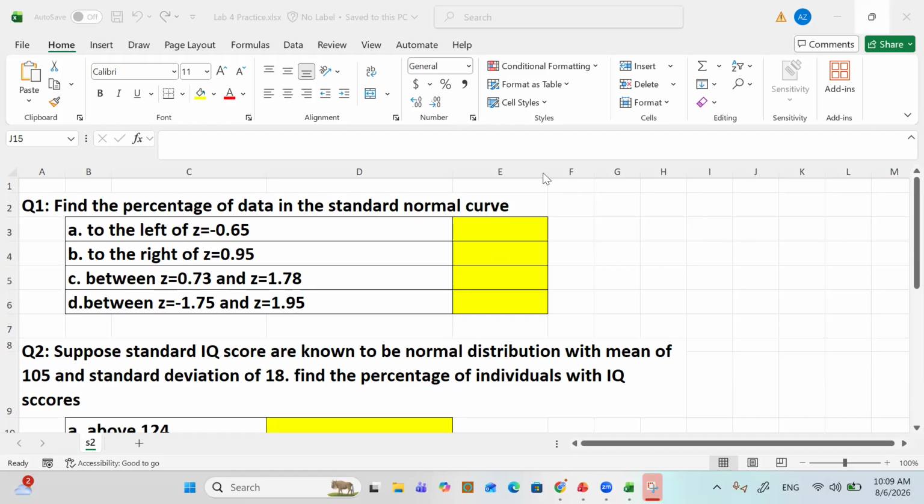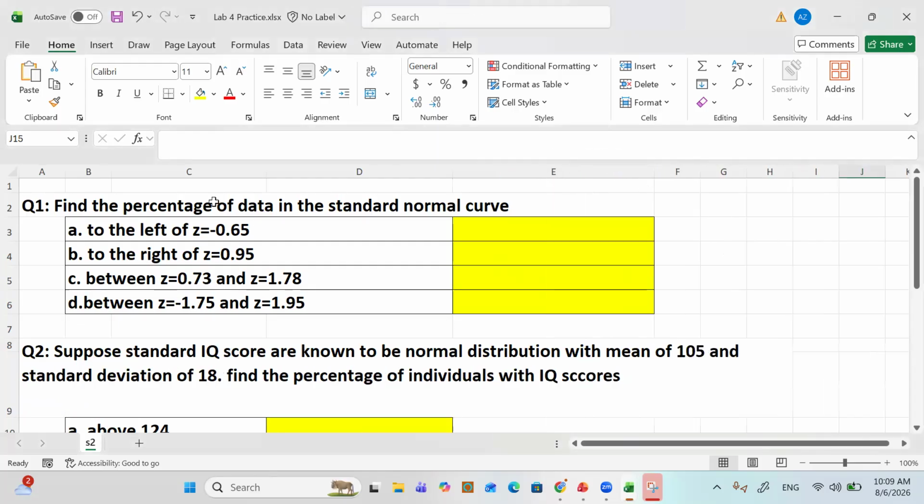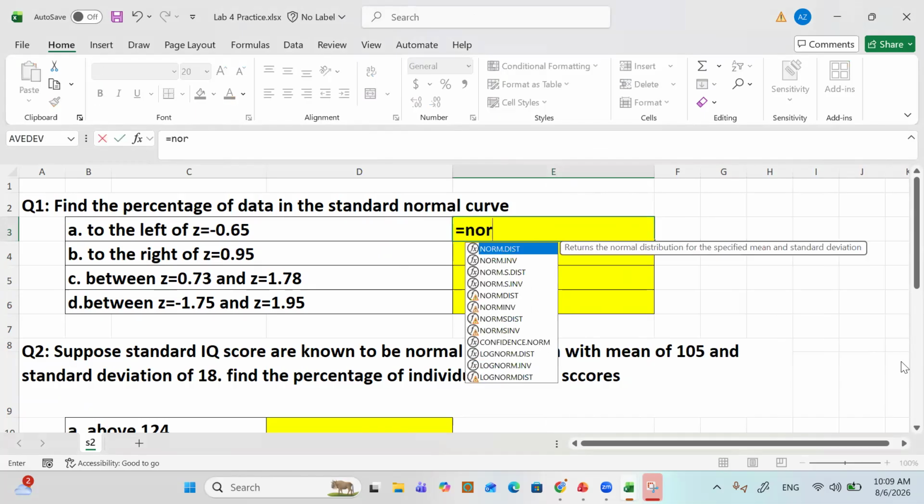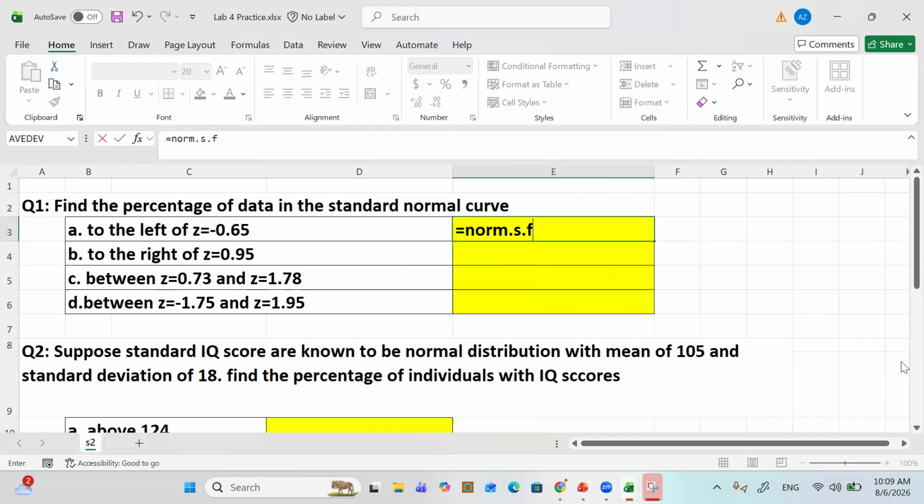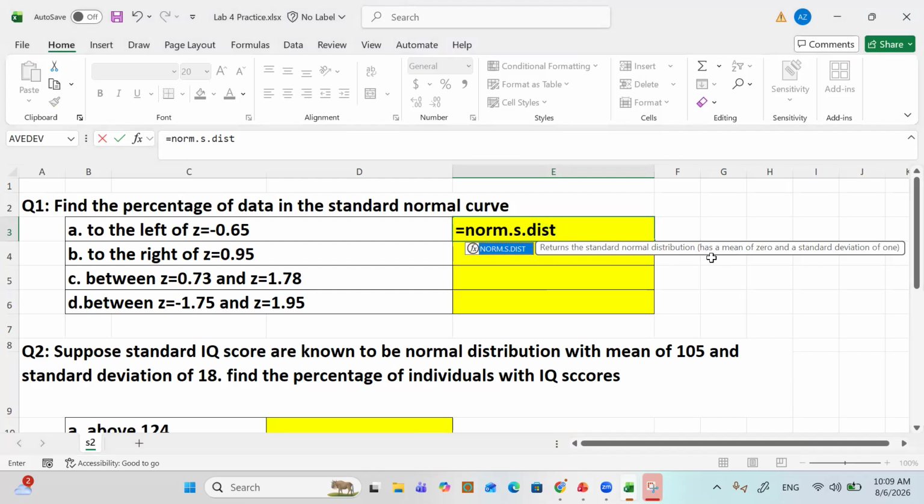First is question 1. Find the percentage of data in the standard normal curve to the left of the z-score equal to minus 0.65. Because it's given a z-score, this is the standard normal distribution, which has mean 0 and standard deviation 1.